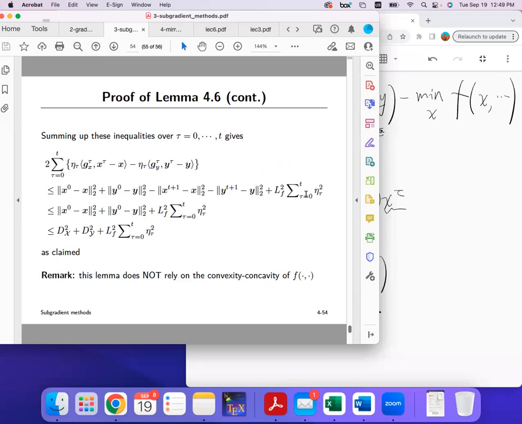And you can drop these two terms because they are positive. So this is less than or equal to these two initial terms plus the last term. And this is bounded by the diameter of your domain because both of them are in X. So you can control them by the diameters, and that is what we need.